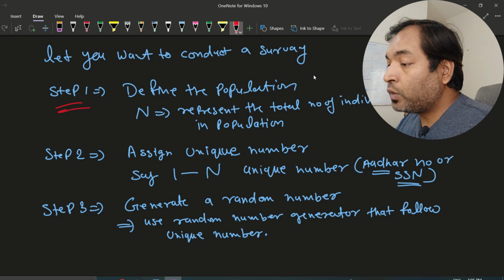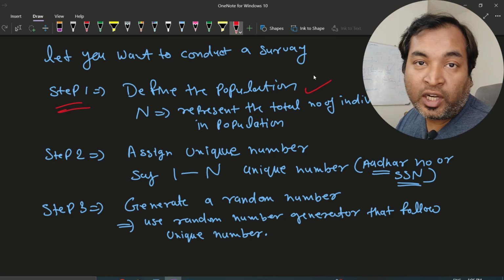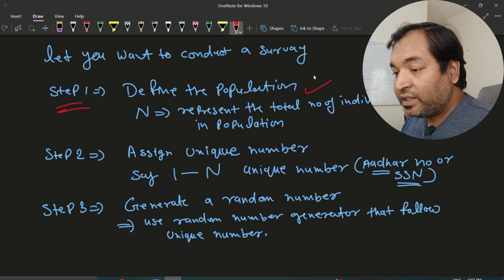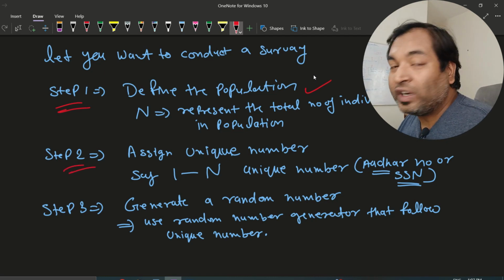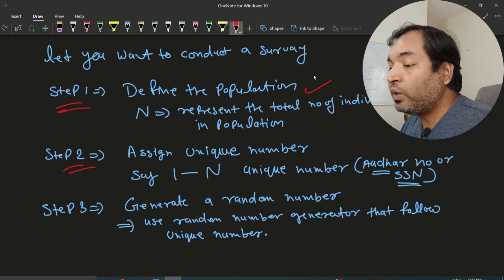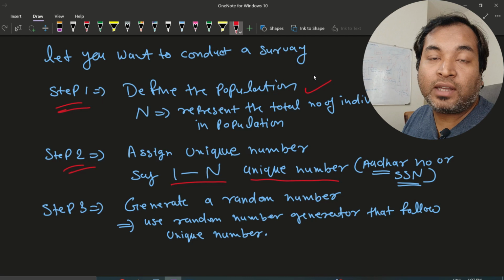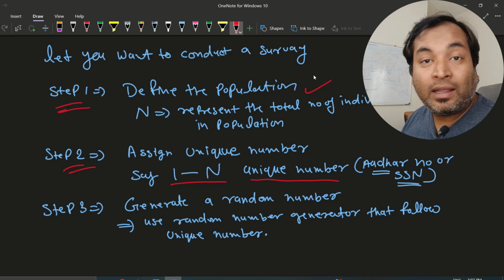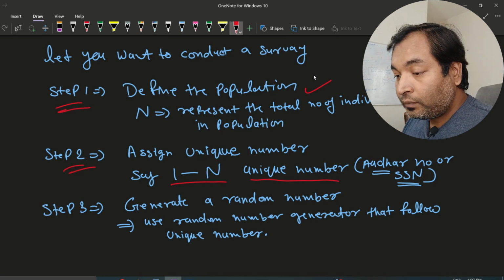Define a population, say as n, where n represents the total number of individuals in the population. In step two, we have to assign a unique number to each and every individual, say 1 to n. You can assign maybe an Aadhaar card number, or maybe an SSN.